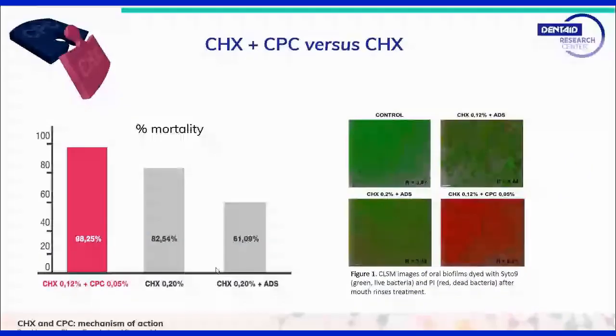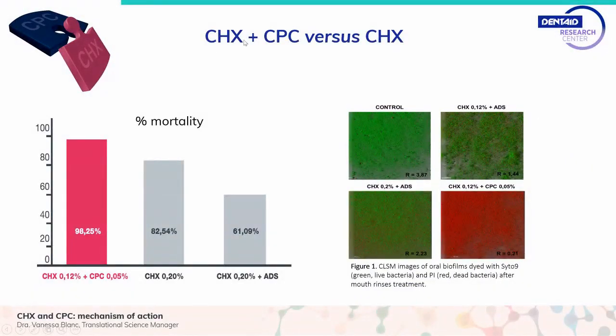Well, if both molecules, chlorhexidine plus CPC, are combined, the concentration of chlorhexidine can be reduced, yielding the same or superior efficacy. So these images show multi-species oral biofilms treated with different chlorhexidine formulations.